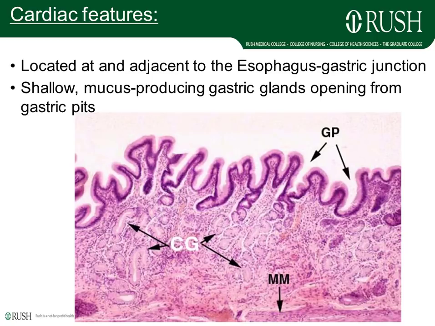Here you can see the arrows showing the actual secretory portions of the glands embedded in the lamina propria. At the bottom, the MM stands for muscularis mucosa. And at the top, where you see GP, that's gastric pit, located in the lumen and showing you those deep invaginations, which are gastric pits opening into the gastric glands.